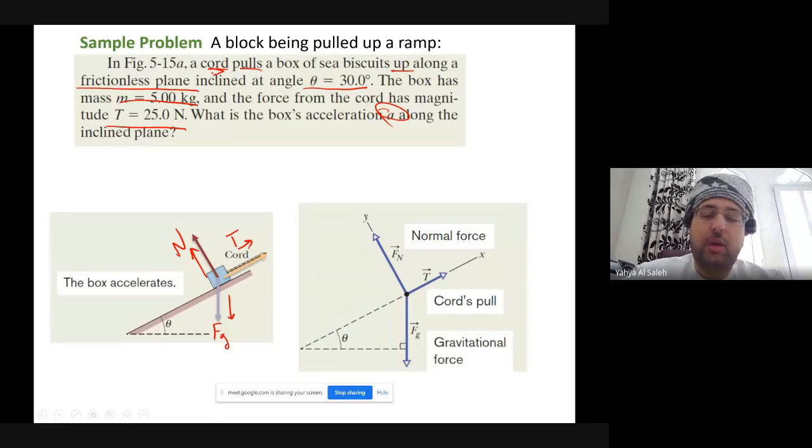Do I have friction? No, because the problem said it's a frictionless plane. If I had friction, I would have added it. For the time being I don't have any friction, so I'm going to leave it out. I'll do another example of friction later.